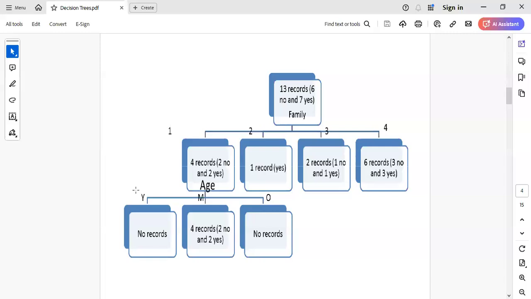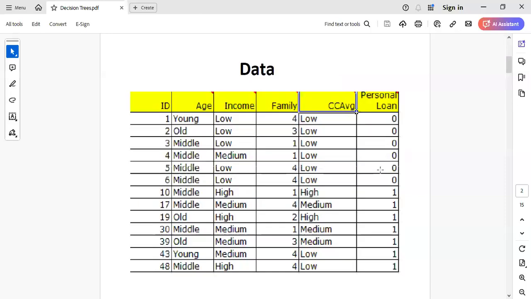So we don't have records under young and middle. Here the young and middle categories of age will have no records, and age will have only records of old.